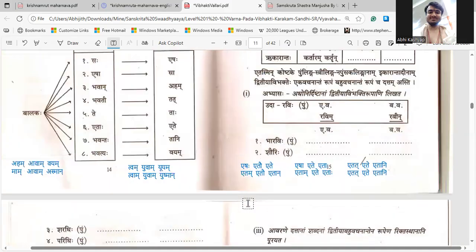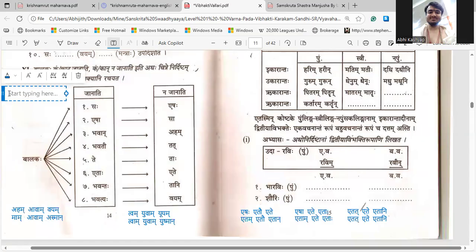Now Bhavan. Bhavan is for Ekavachana. If you remember Rama, Ramau, what will come afterwards?